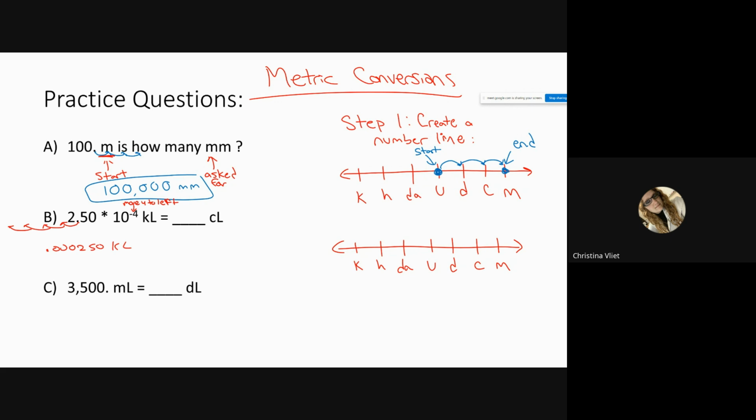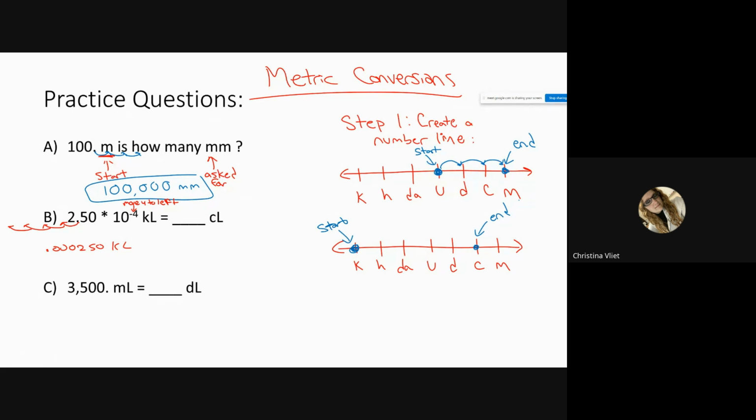0.000250 kiloliters. But we need to change that to what? Centiliters. So we're starting at K, right? And we're ending at C. See, you may be picking up, I said you could, once you get it, just write the number line once and you can visualize what you're gonna do.